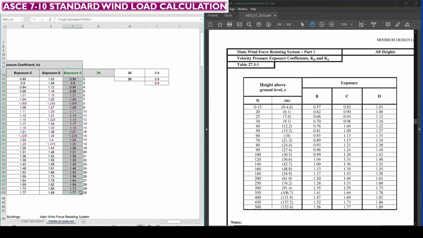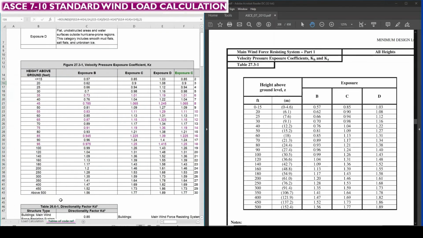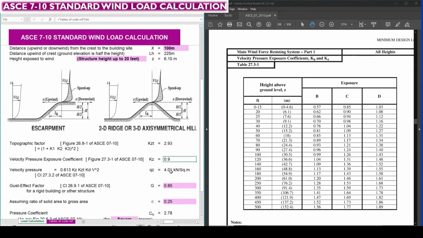According to the exposure category, the H-look formula is applied to extract the value of the respective exposure category C, and we had to define the height as 20 feet. Based upon the floor and ceiling extracted from the table for exposure category C for lower limit and upper limit, then using the interpolation method, the value of KZ is arrived here as 0.9. So the same value is taken to here.